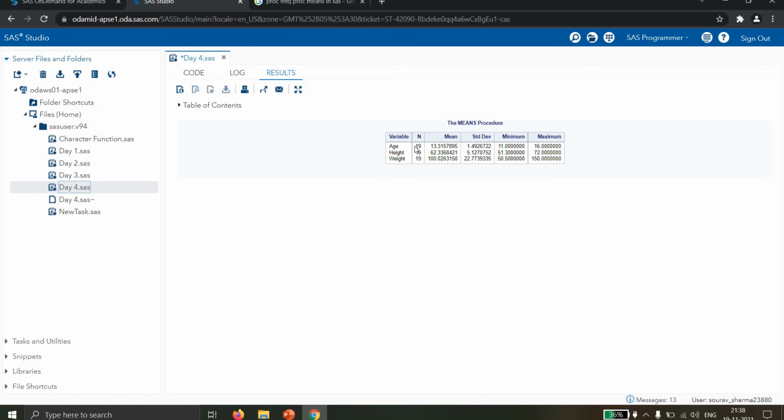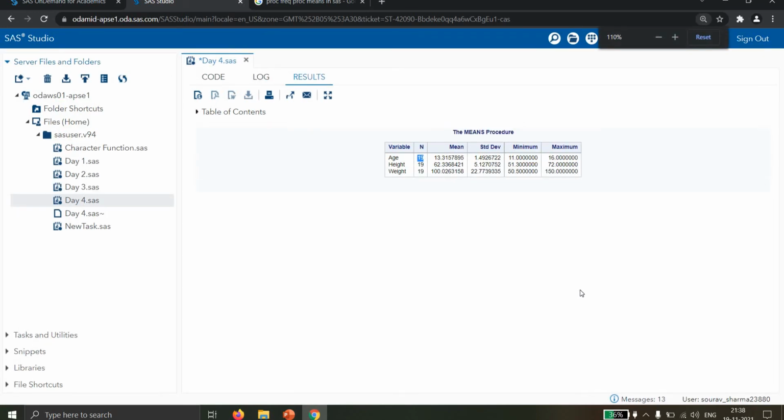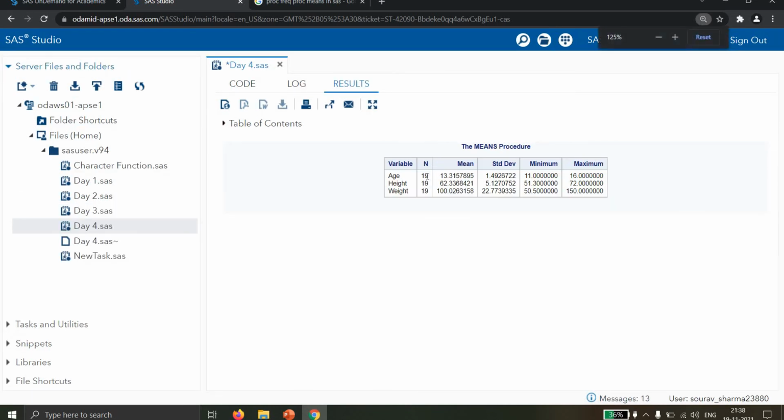Now you can see it gives only the numeric variable data. The numeric variables in my data are age, height, and weight. It gives how many observations are available in my data, which is 19. It also gives the mean.